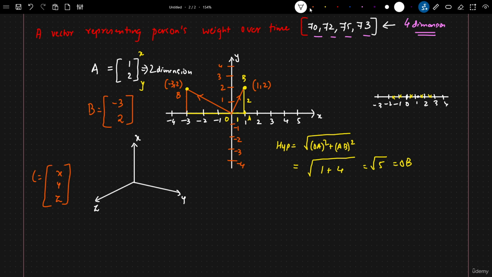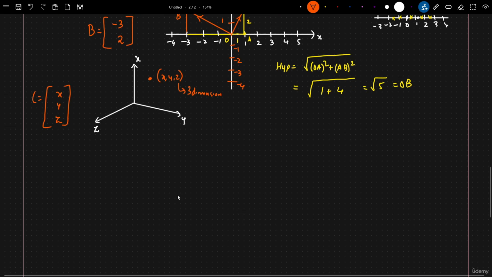In this particular coordinate, we may have one point which will be denoted by X, Y, Z. So this basically is 3-dimension. Obviously, it is not possible to see 4 dimensions. So here you can actually see for this particular coordinate, or for this data point, we can represent it as X, Y, Z.